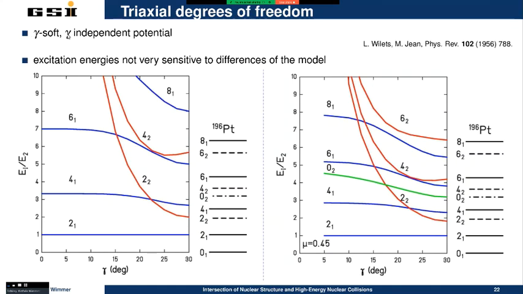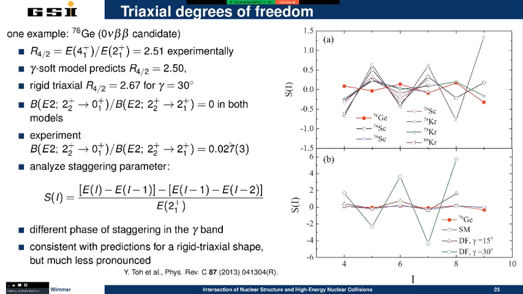That's completely soft. And the plots here show you, as a function of the gamma degree of freedom, that there is not so much difference between those models. So looking at excitation energies alone is not sensitive to the nature of the triaxial deformation.